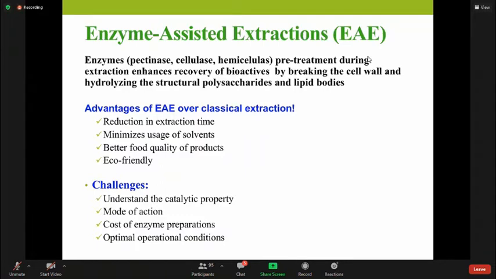When we are using very pure enzymes, there would be a problem of the cost as well. We have to optimize several other attributes and parameters, especially the temperature and the pH of the process. So these are some of the challenges which have to be further covered when we are shifting to the enzyme-assisted extraction process.